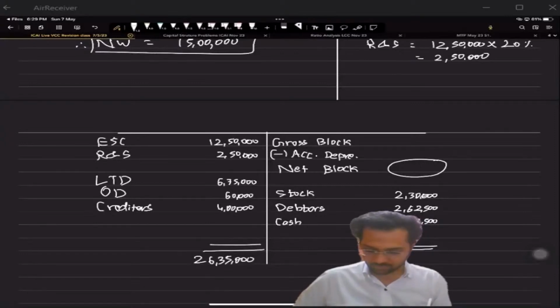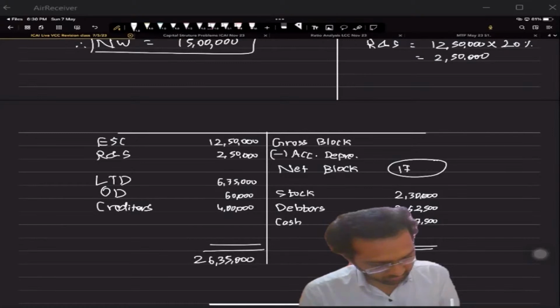And from that, we will subtract 2,30,000 of stock, 2,62,500 of debtors, 4,27,500 of cash.